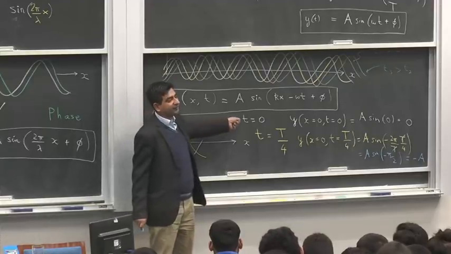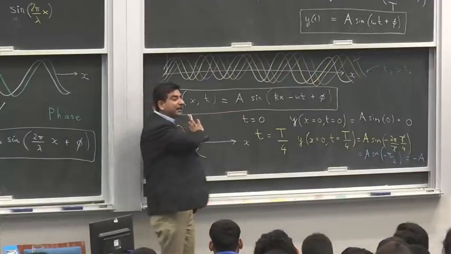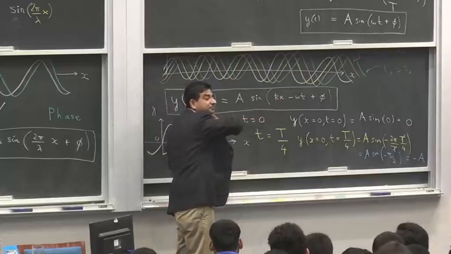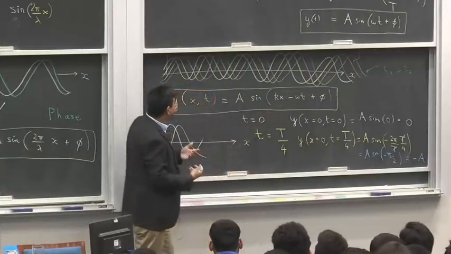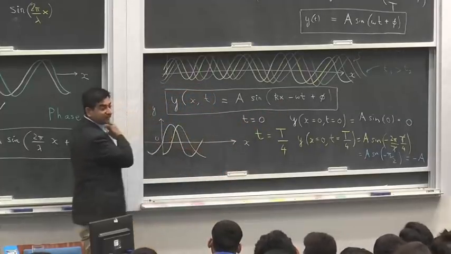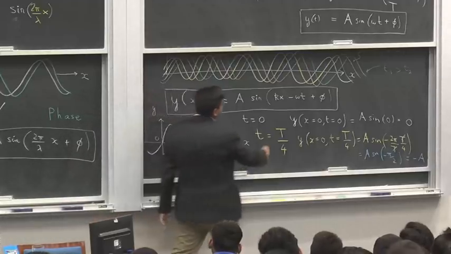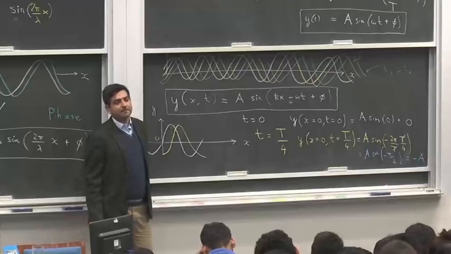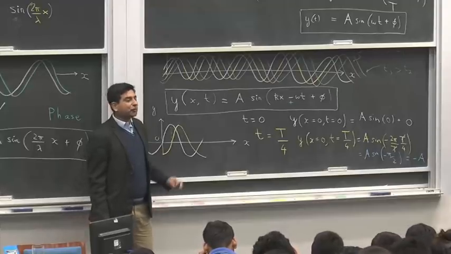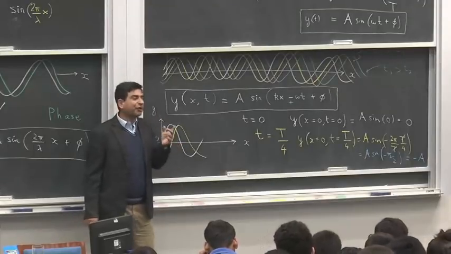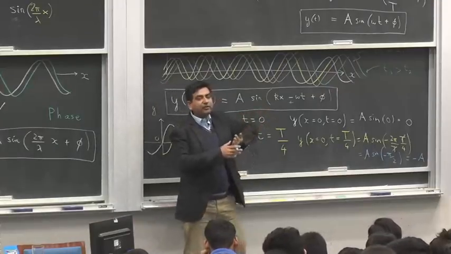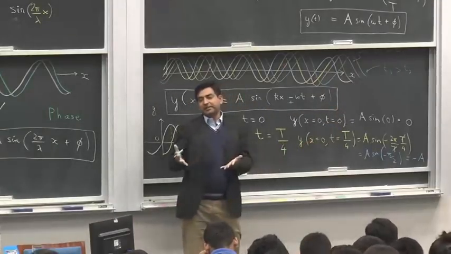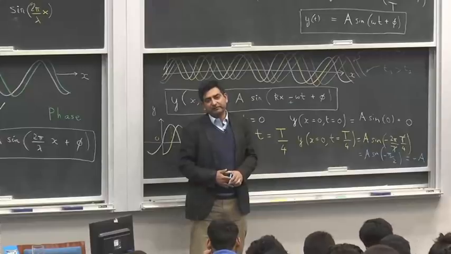So this is the correct formula for a wave that is propagating forward, to the right. If I have a wave that is propagating to the left, I will just put a plus sign here. Okay? So I have a logical argument of why I have a minus sign for a forward propagating wave and a plus sign for a backward propagating wave.